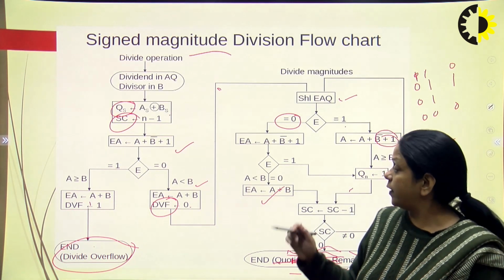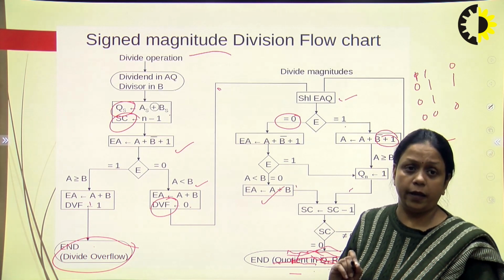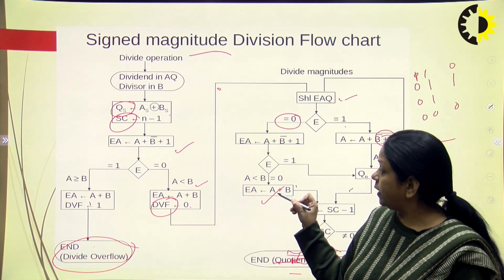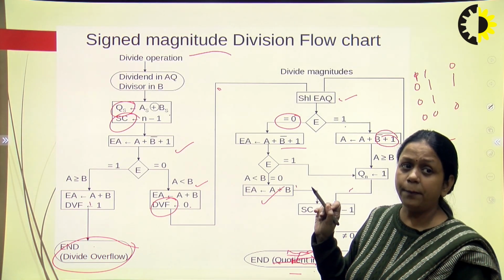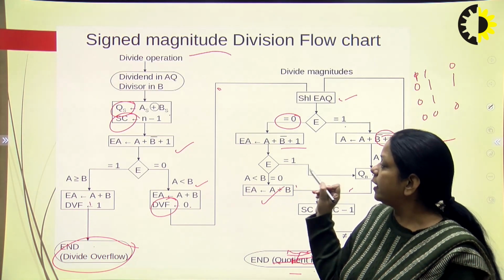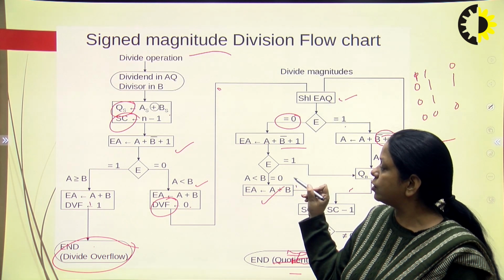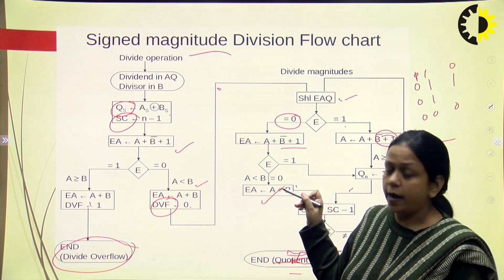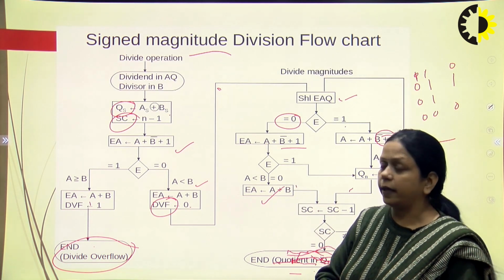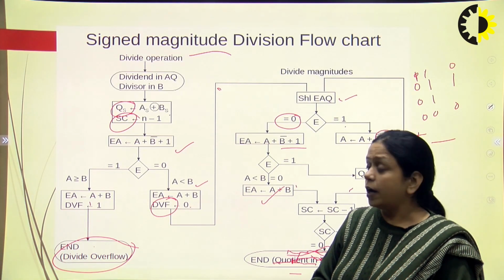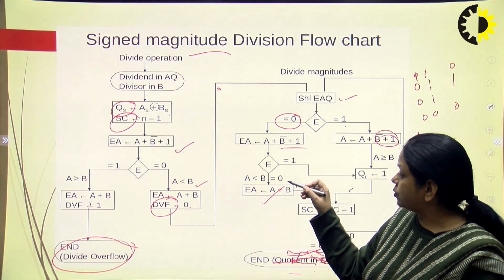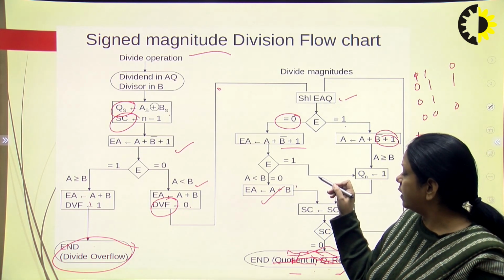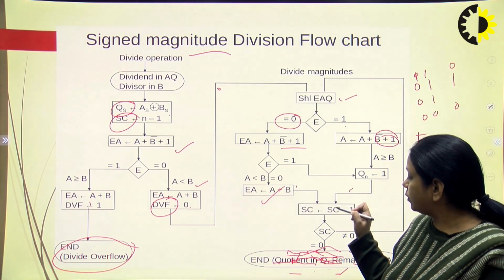So that's why we have to restore the value of A here by adding the value of B, because we have already deducted B from A, but we did not get the value of E equal to 1. So we restore, and A plus B will be done here. Now in the next step, whether the value of E is equal to 0 or 1, we will go to the next step.